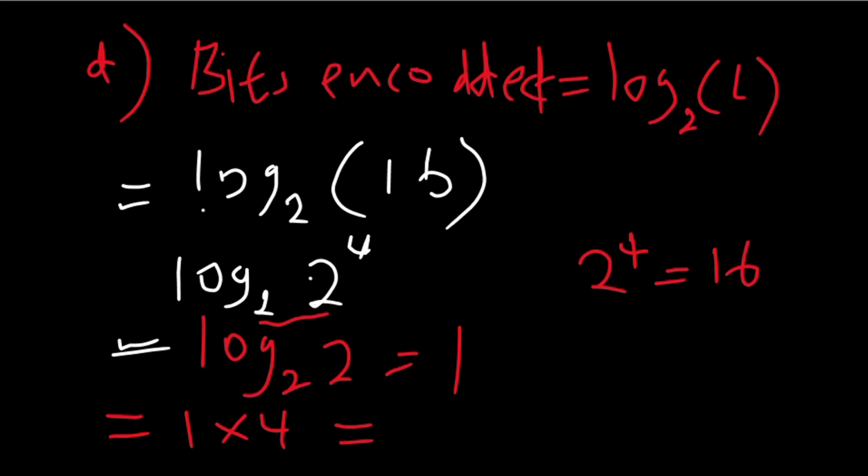They're asking us the number of bits that can be encoded. So simply we have 4 bits. This tells us that we can encode 4 bits with the 16 levels.